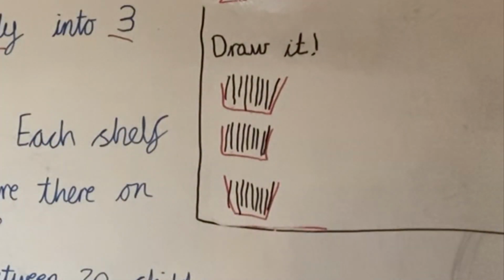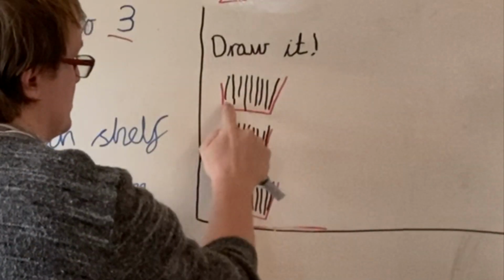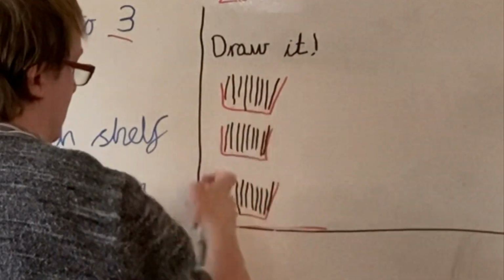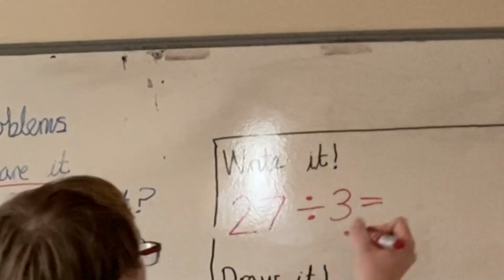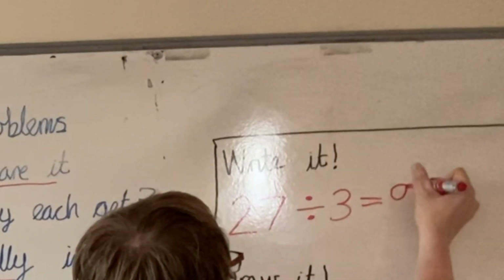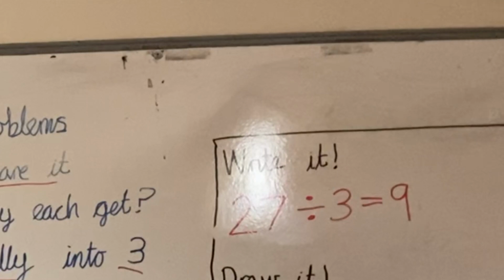There we go, 27 pencils. Let's count how many there are in one of the pots. 9. 27 divided by 3 is 9.